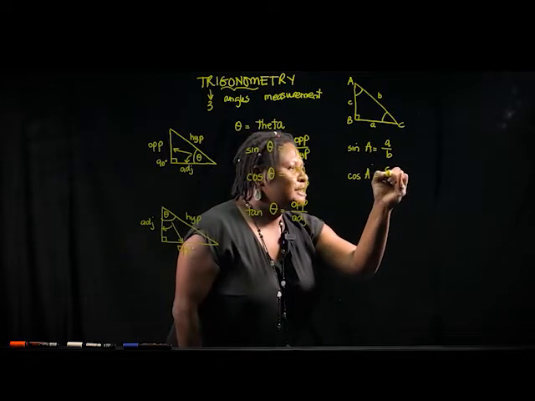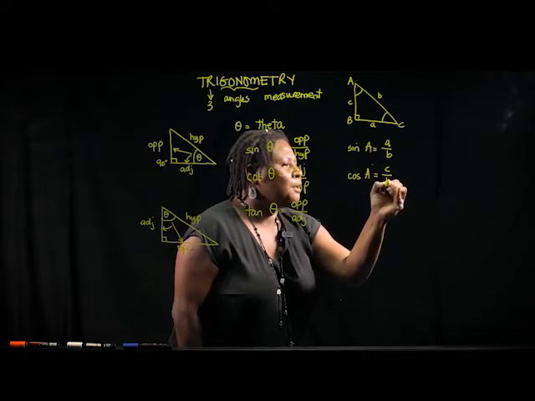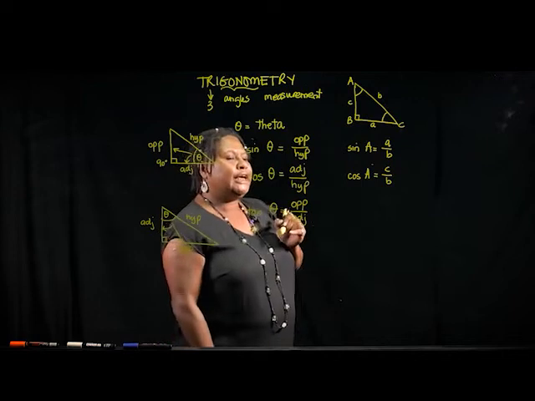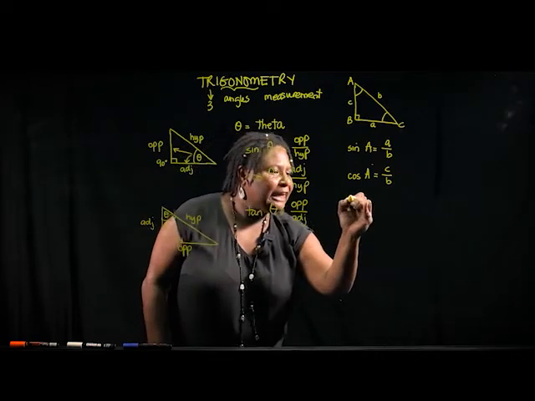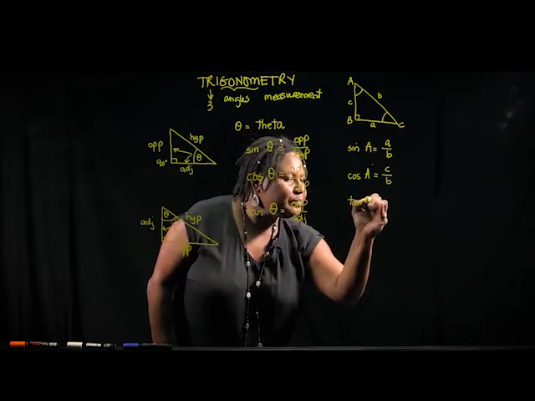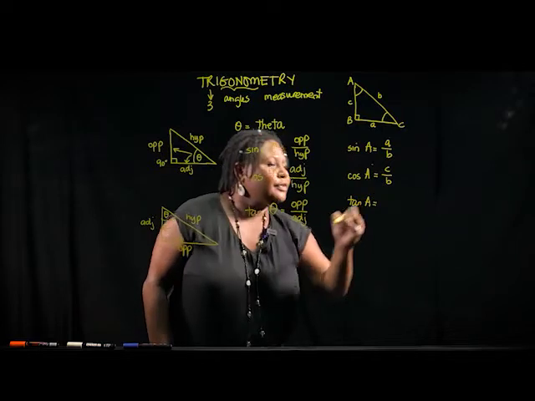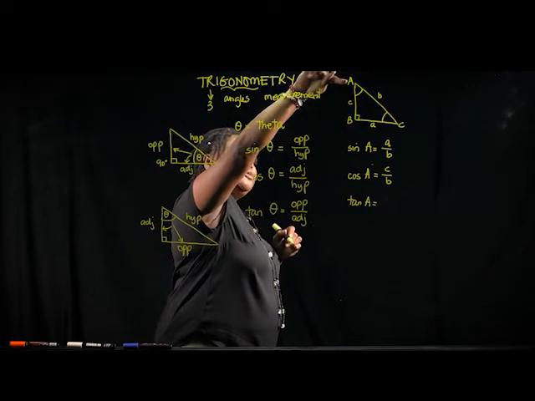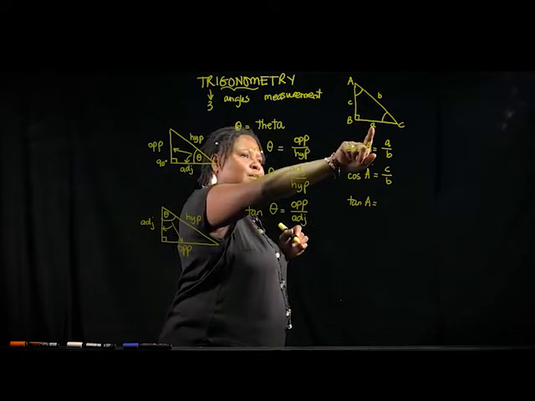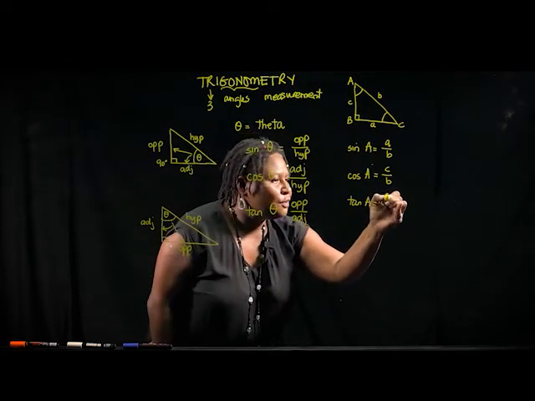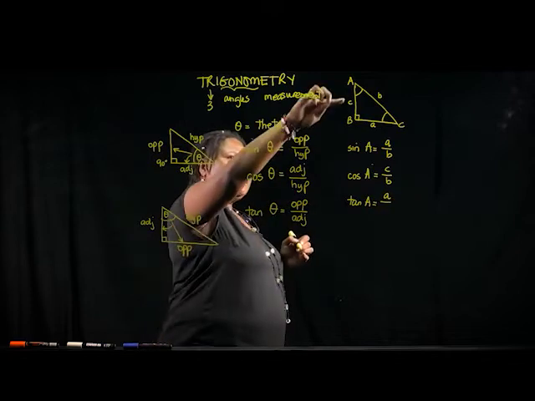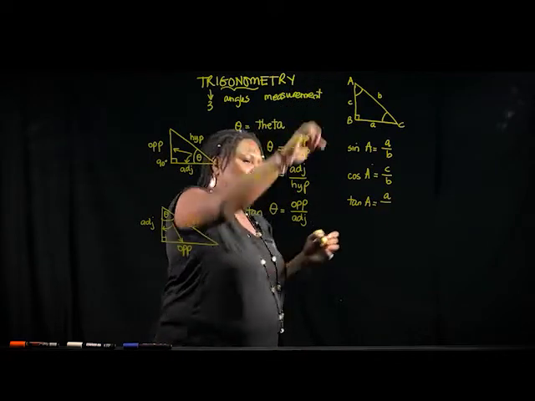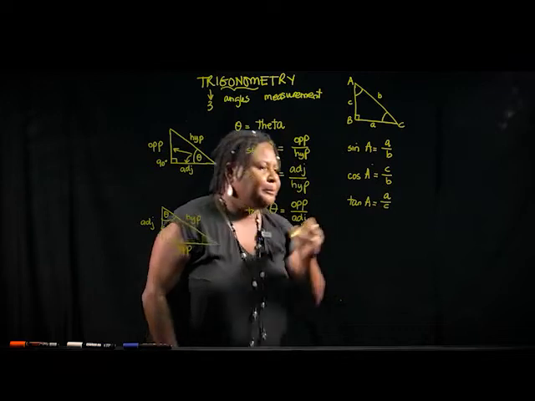So it's going to be c over b. And tan A is equal to, opposite to angle A is small letter a, so a over adjacent to angle A, which is c.